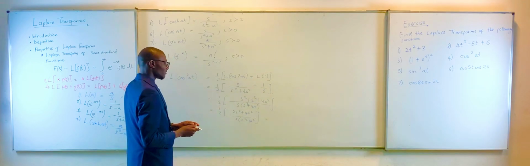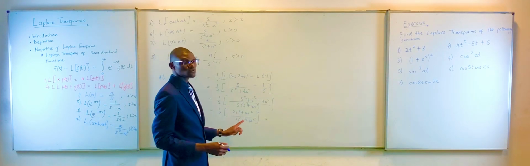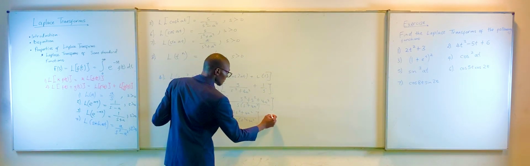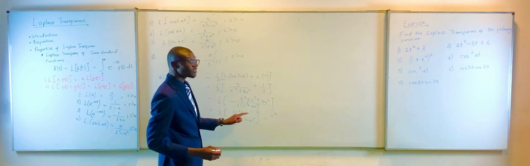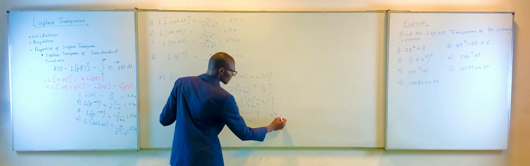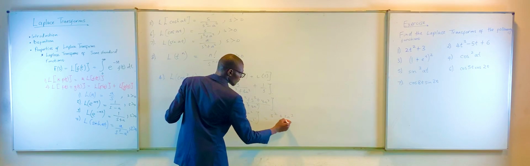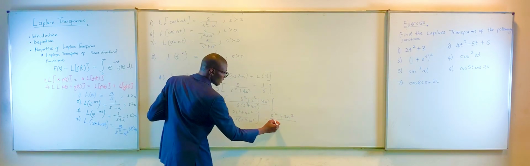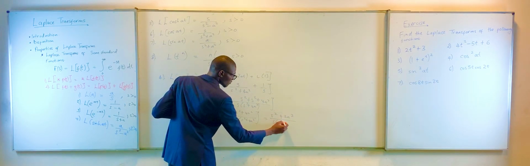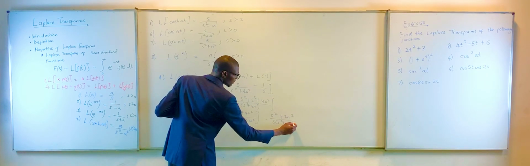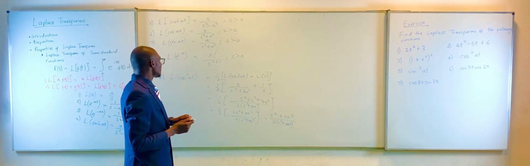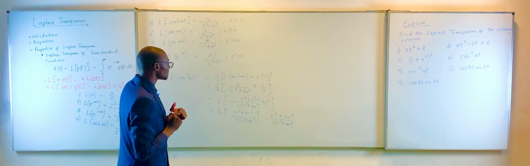And that will simplify to, so if you say 2 into 2s squared, that will give us s squared. Then 2 into 4a squared, that will give us s squared plus 2a squared over s multiplied by s squared plus 4a squared. So that's the result that we get for number 4.